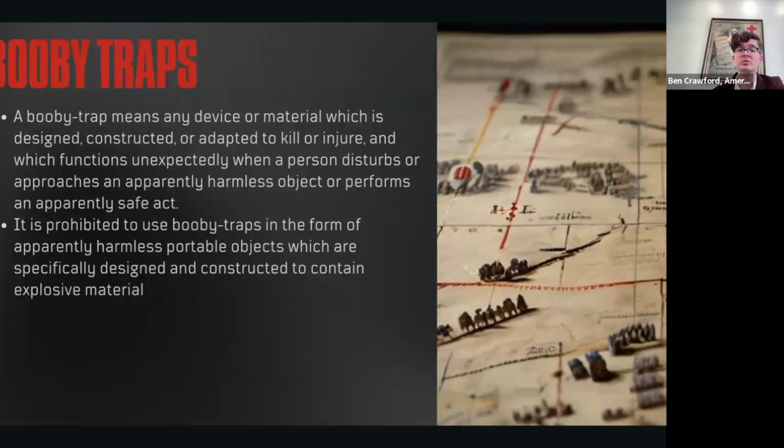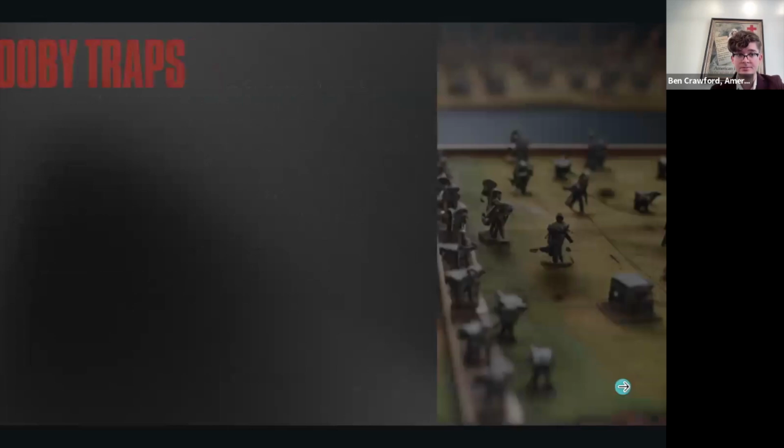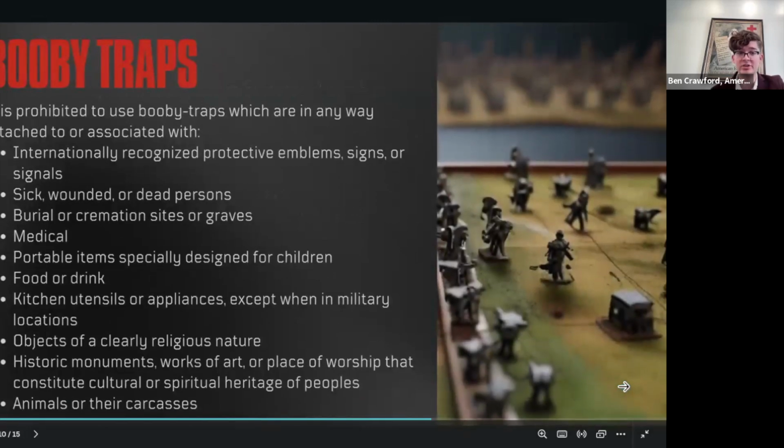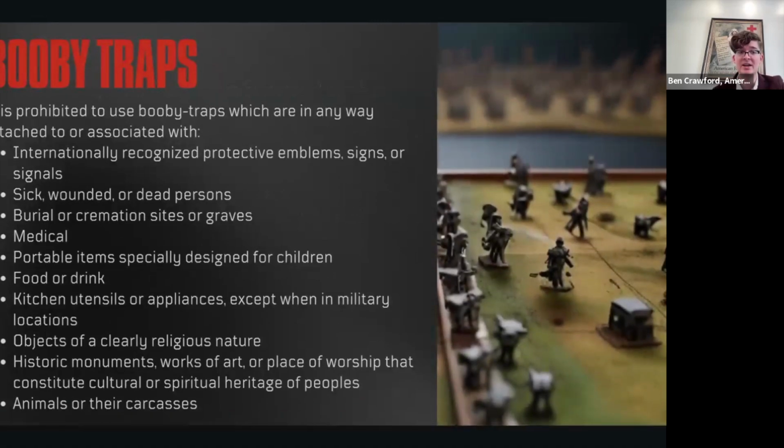It is prohibited to use booby traps in the form of apparently harmless portable objects which are specifically designed and constructed to contain explosive material. Further, it is prohibited to use booby traps which are in any way attached to or associated with internationally recognized protective emblems, signs, or signals like the Geneva Convention and the United Nations, as we've just discussed.